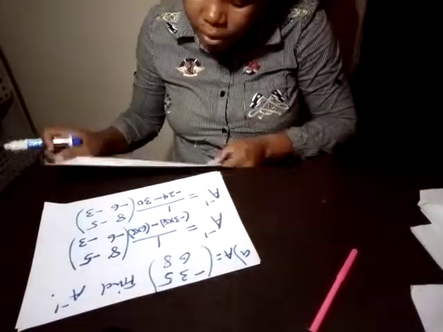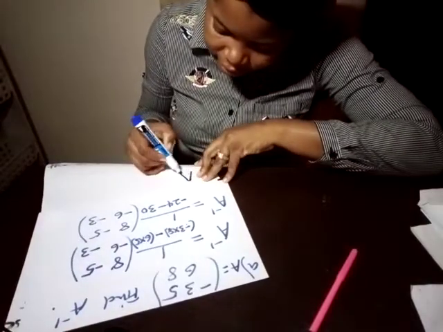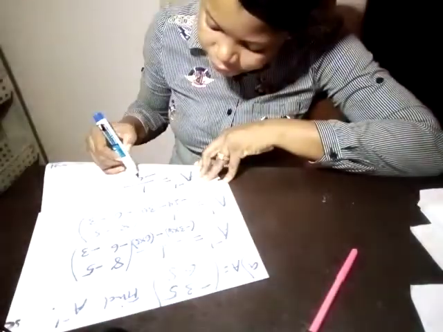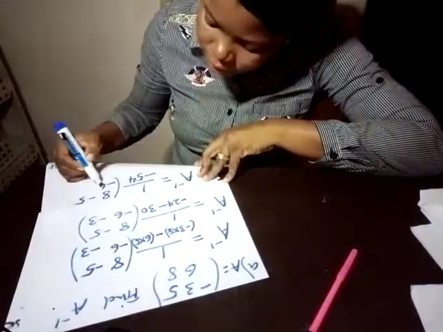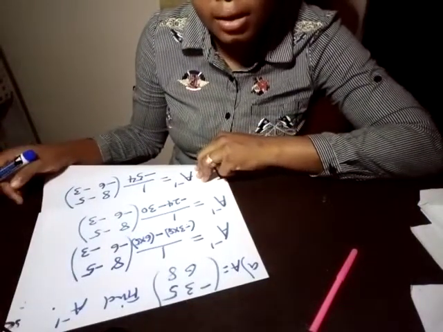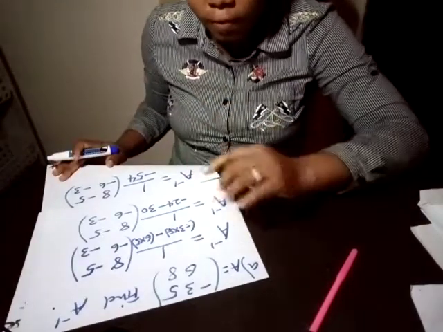So my A inverse will be equal to 1 all over minus 54, bracket 8, minus 5, minus 6, minus 3. So that is the final answer. Do you get that now? So that's how to find the inverse of a matrix.